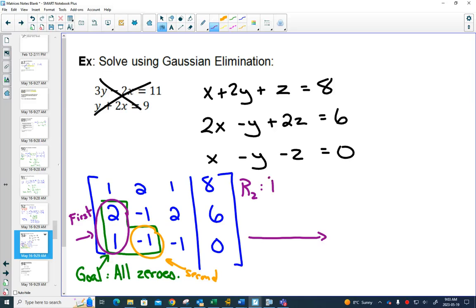So if I took row 2 and subtracted 2 row 1s, that would make this a 0. And at the same time, I can change row 3. Can you see that if I wanted to make this a 0, I could take row 3 and minus row 1.